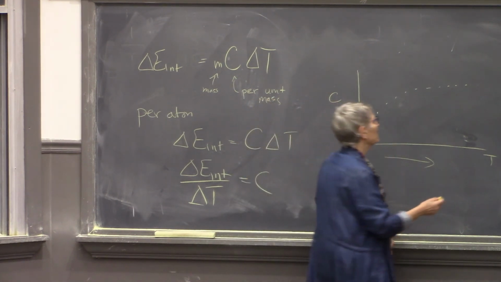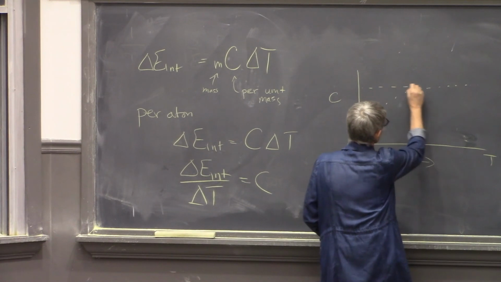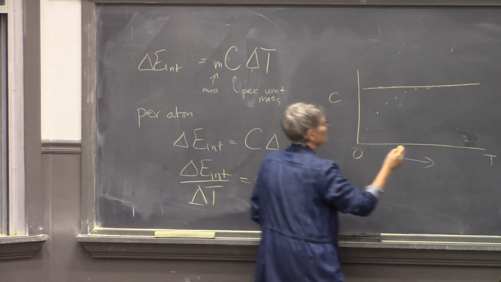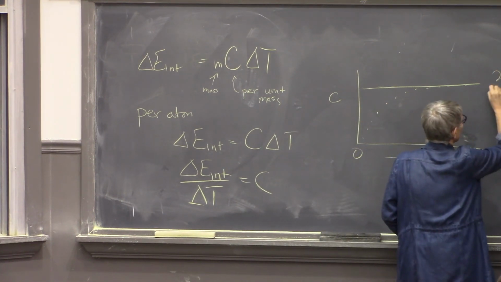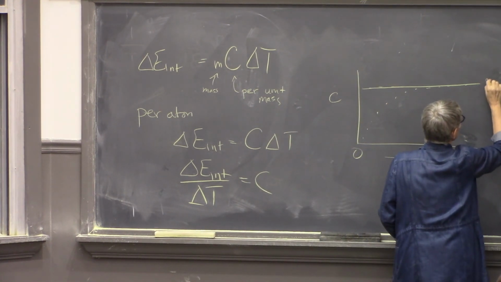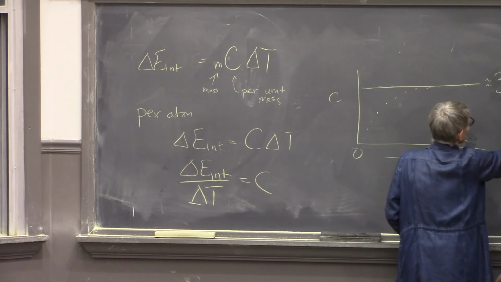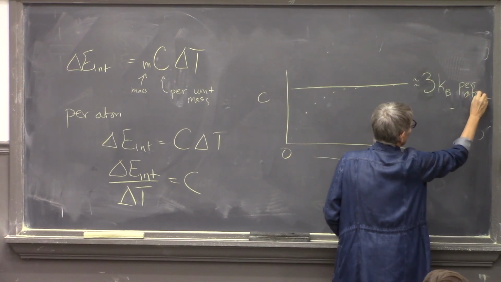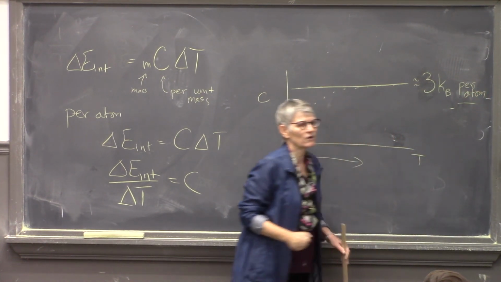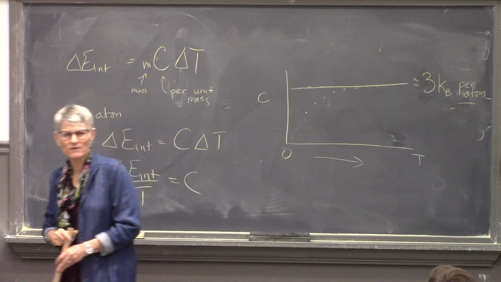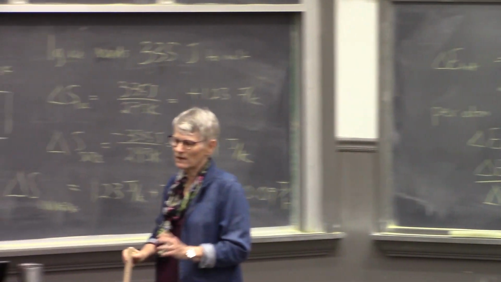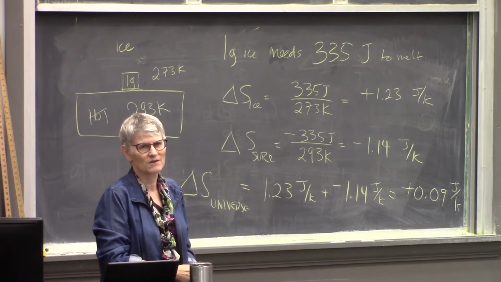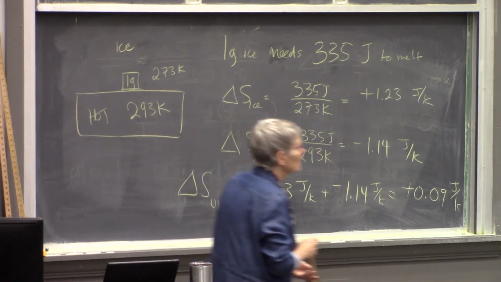Now it kind of levels out, and interestingly enough, the value to which it levels out, which is also theoretically predictable, is approximately 3 times the Boltzmann constant on a per atom basis, regardless of the material, which is also kind of interesting. And I think we don't have time to do the theory on that, but if you want to read further, in chapter 12 you can see what's going on there.